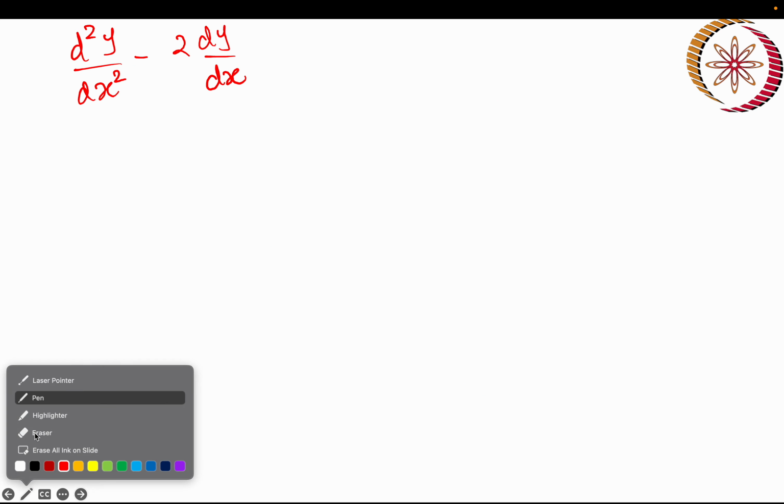So for the particular solution, we'll use this equation where we have d square minus 2d minus 3, and we have to use the term on the right side, 4 e raised to z.